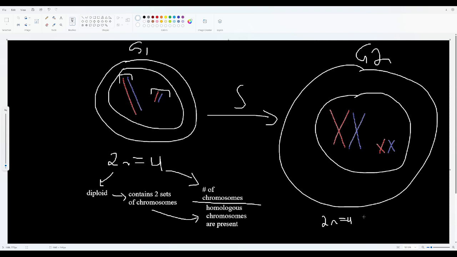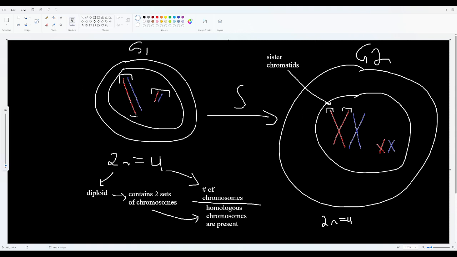Now the only difference is that the DNA has now been duplicated, right? So within each one chromosome, we have two constituent sister chromatids. Just like that. We have two sister chromatids in every one chromosome.